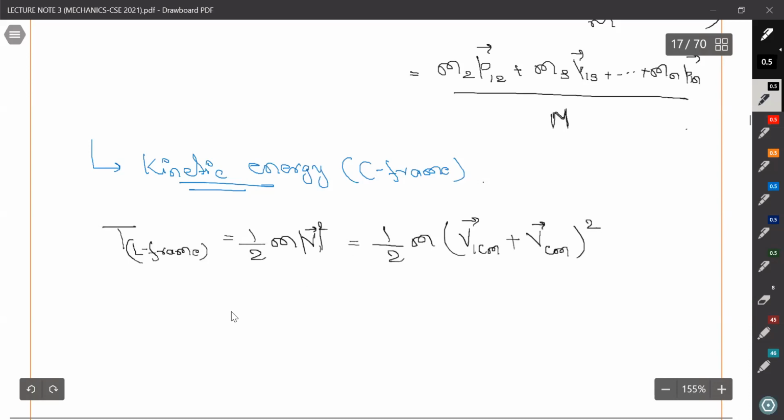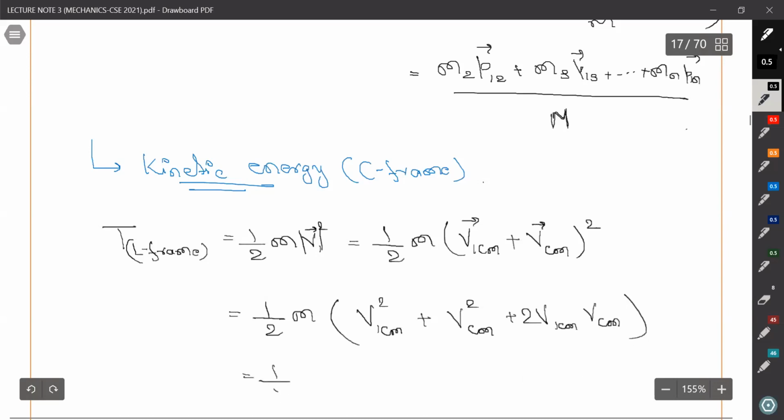So what will we be left with? Half m, v1 center of mass whole square plus v center of mass whole square plus 2 v1 center of mass into v center of mass.